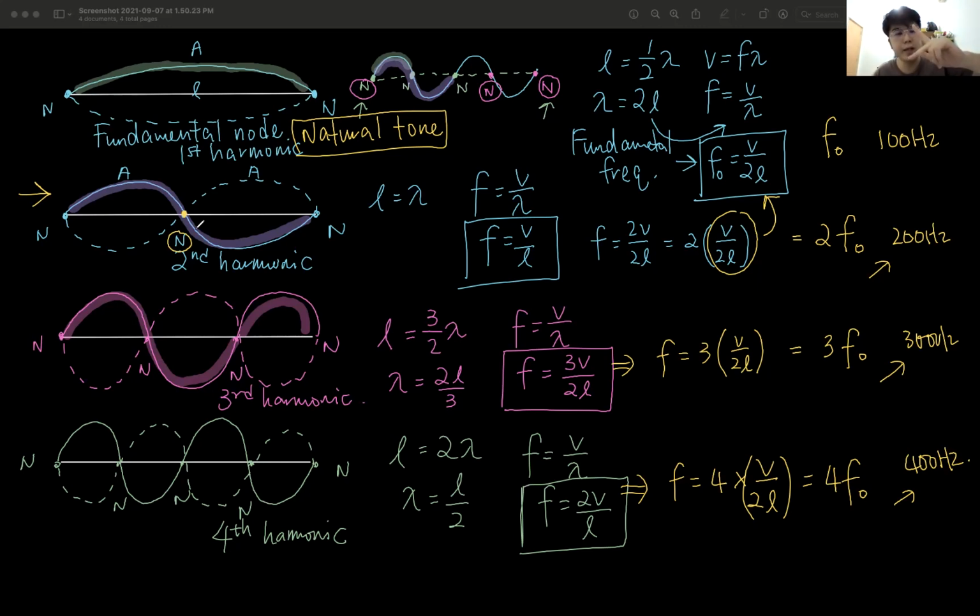By pressing the string, I have created a node in the middle of the string. And by doing that, now I'm hearing the second one the loudest. So I'm hearing 200 Hertz the loudest. And 200 Hertz is slightly higher pitch than the 100 Hertz, right? So frequency higher, higher pitch.